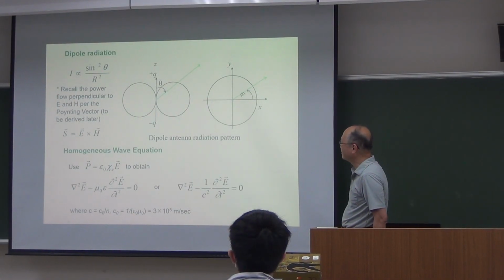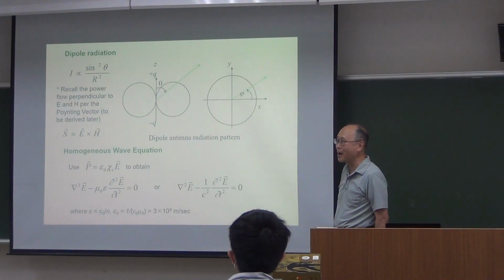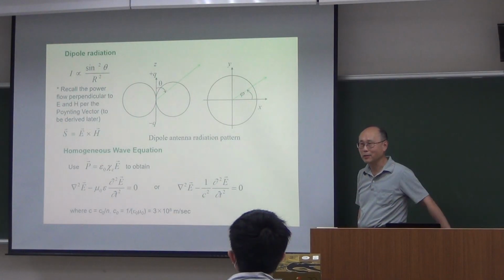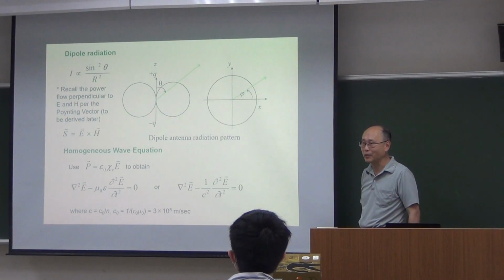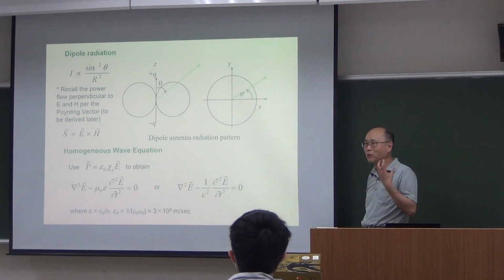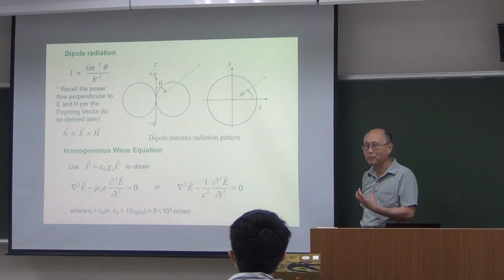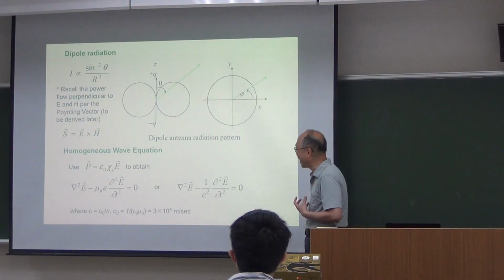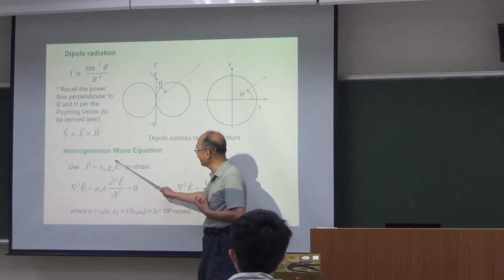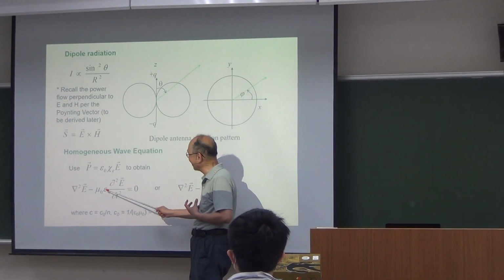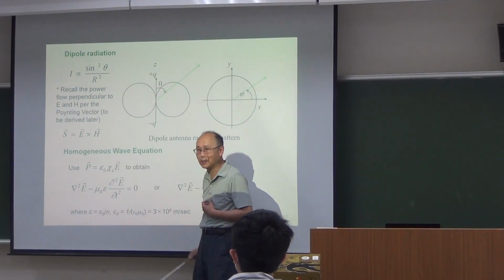Now, if I have a wave inside a material, and I just want to see how the electromagnetic wave will propagate, then in fact, I can move the right-hand side into this plot and rewrite this conductivity.